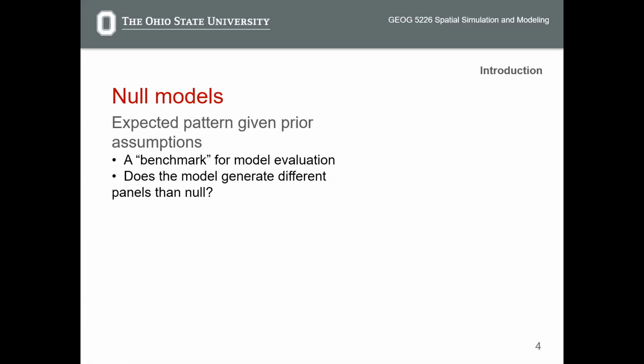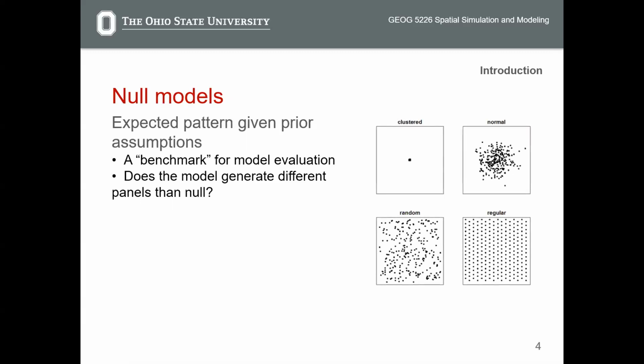If it is very close to one of the null models, we can say that this model is following the spatial pattern of the null model that it is close to, okay? If a model is not close to any of these null models, obviously, it's different. Okay, so here we have several null models.